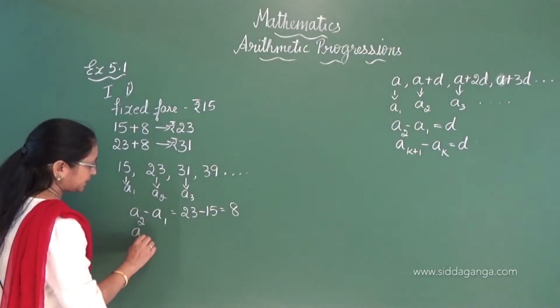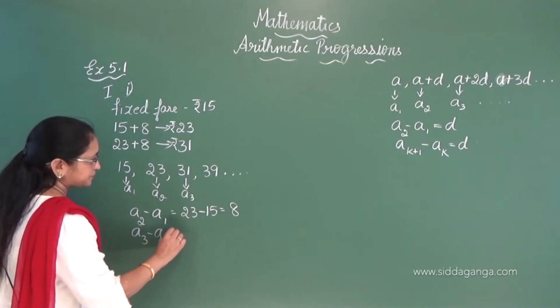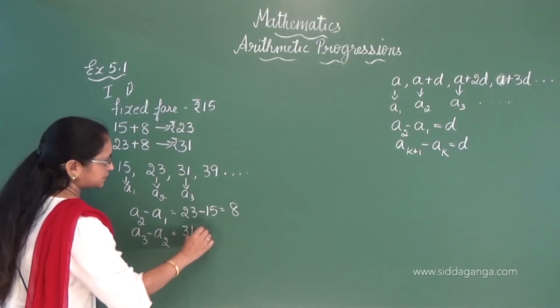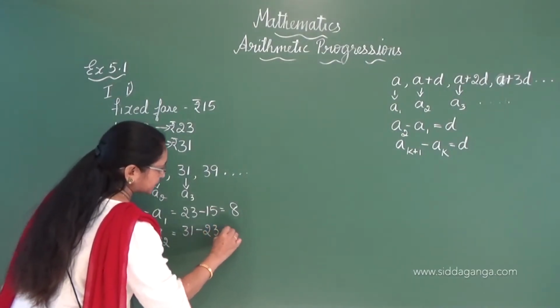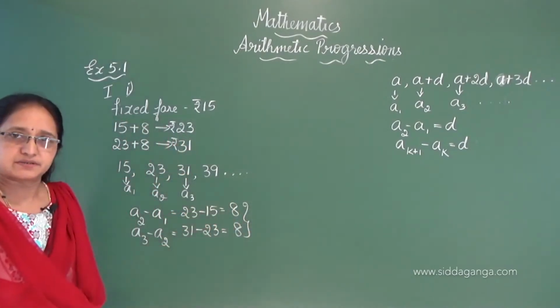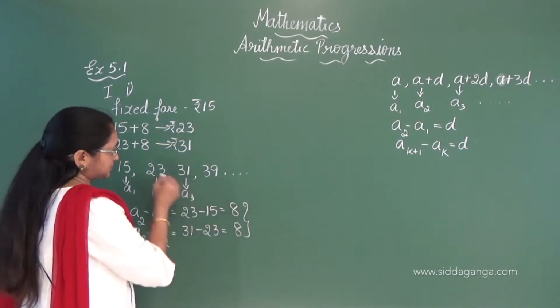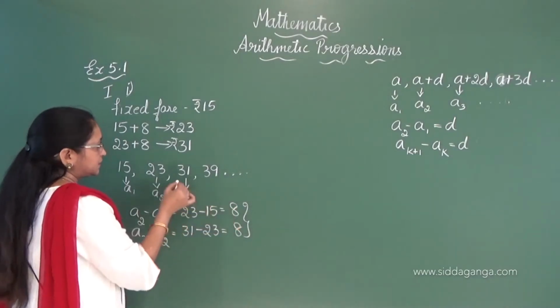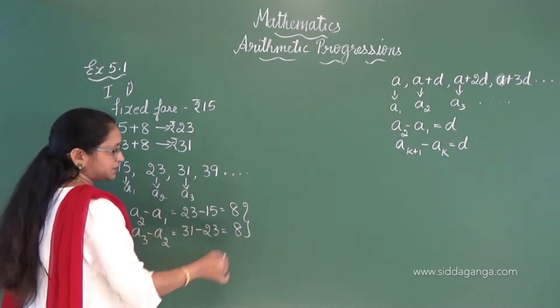Again you check one more, A3 minus A2. A3 is 31 minus 23, which gives you 8. So the common difference is 8. When you subtract A2 minus A1 we got 8, and when you subtract A3 minus A2 we got 8.